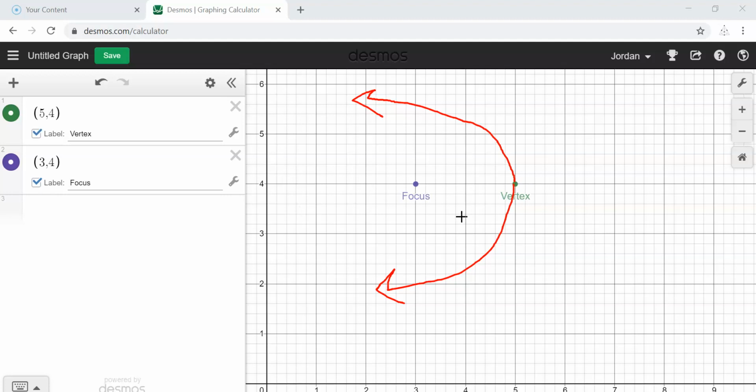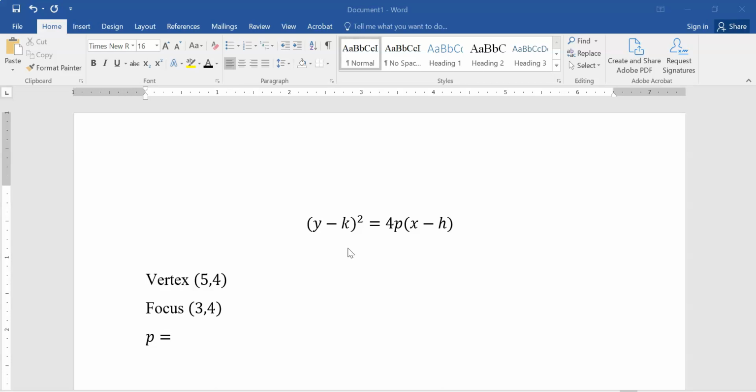So that tells me what type of equation I'm looking for. It also tells me that my p is going to be negative because we're moving towards the left. So I'll remember that p has to be negative and that we're pointing this way. Pointing left forces me to have this equation, y minus k squared equals 4p times x minus h.